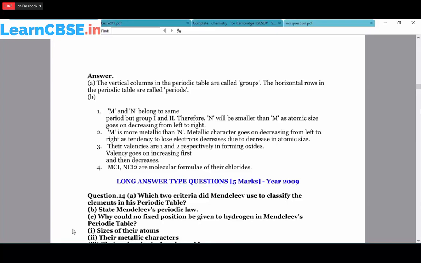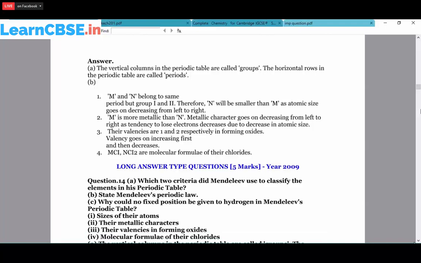Both charges are the same, so you get MCl. Next is N. N is in group 2, so it has a +2 charge, but chlorine has only a -1 charge. So we need to add one more chloride ion to make the charges equal. So NCl2, with +2 and -2. These are the molecular formulae of their chlorides.